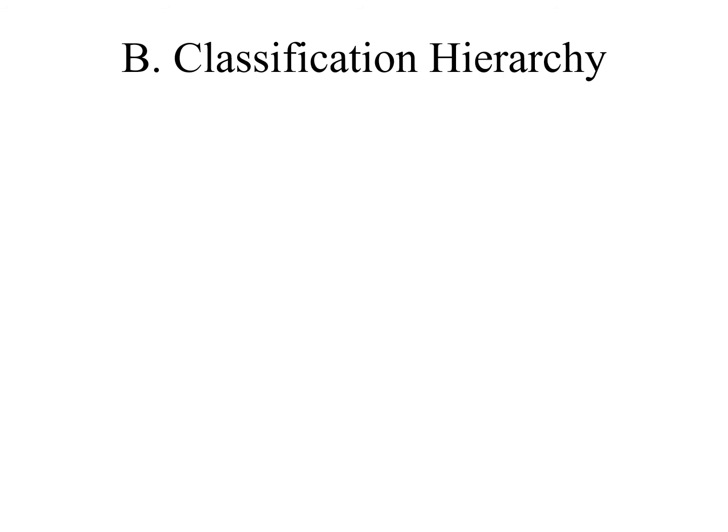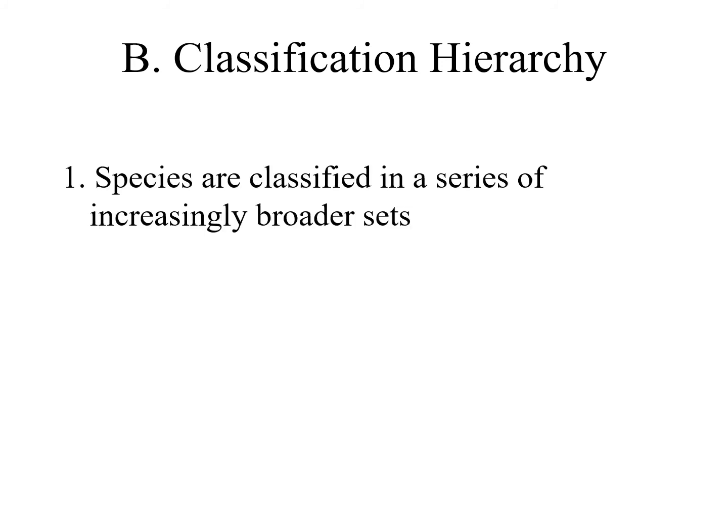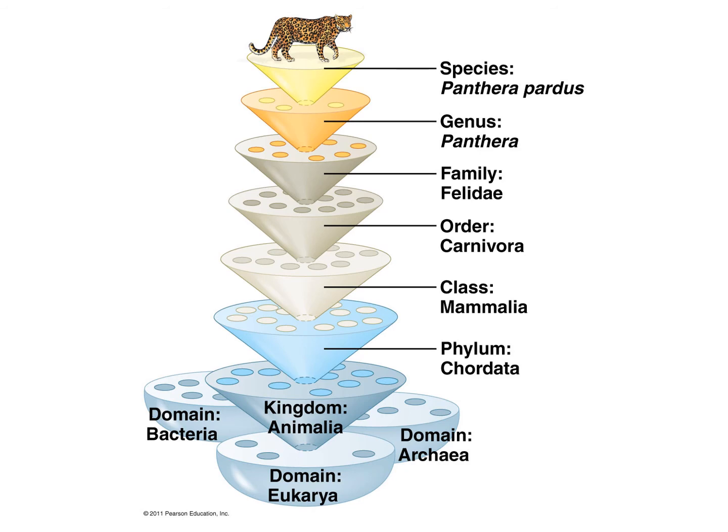So recall, one of the facets of systematics is classification and taxonomy. Traditionally, organisms have been classified in a series of increasingly broader sets. Using this leopard as an example, it belongs to the genus Panthera.